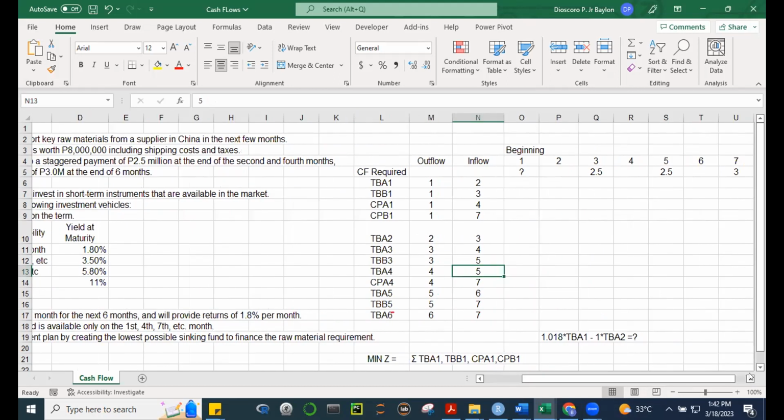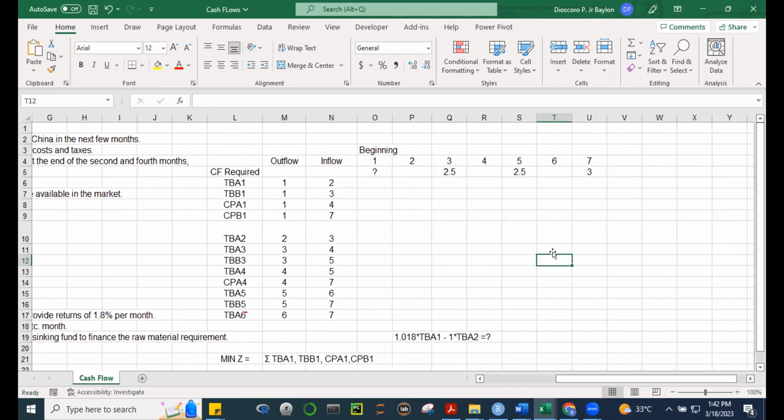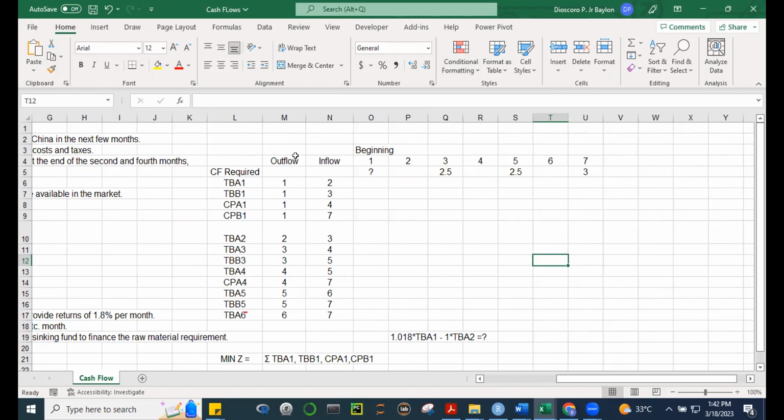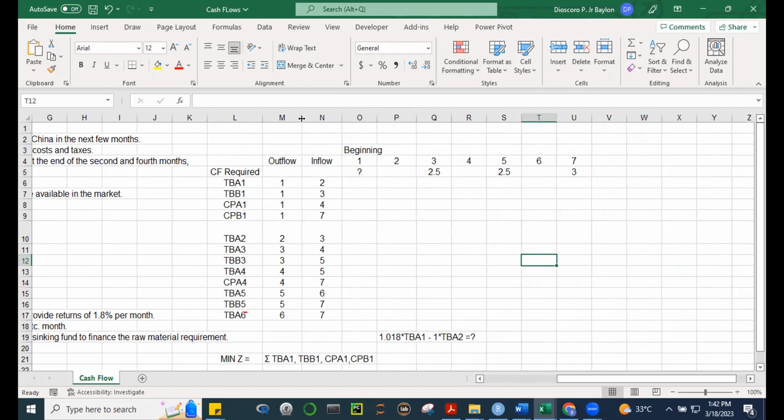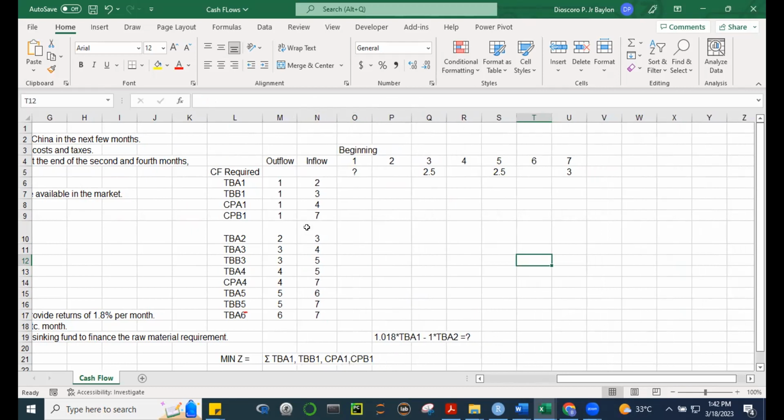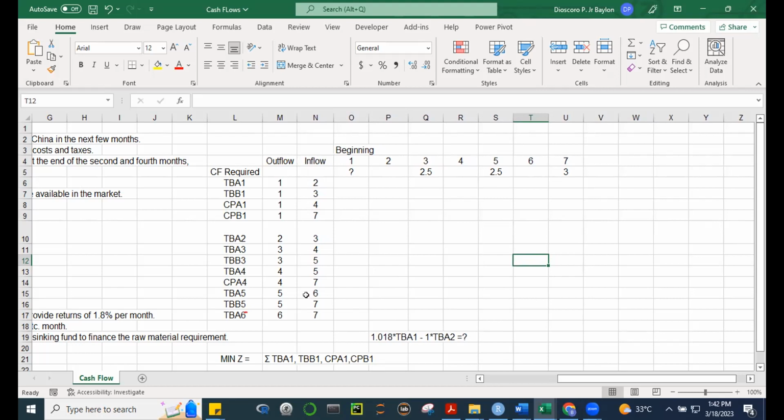Okay, so let's take a look at this cash flow, and we said that the outflow is when the cash will go out of the company, when it will be invested. The inflow is when they'll be able to terminate, or the maturity of the investment.